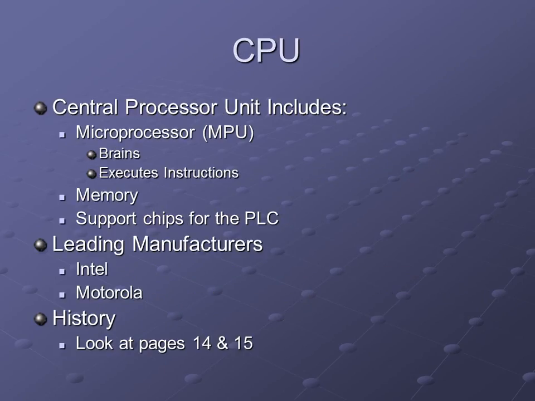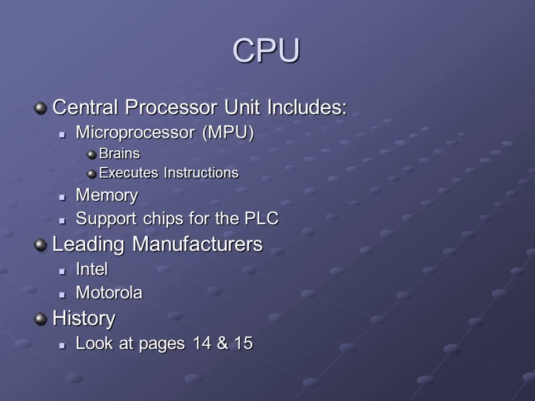Alright, so the CPU is the brain, it's the microprocessor. In your computer, you have a microprocessor, right? You know what your microprocessor is? It's either an Intel or an AMD, usually.